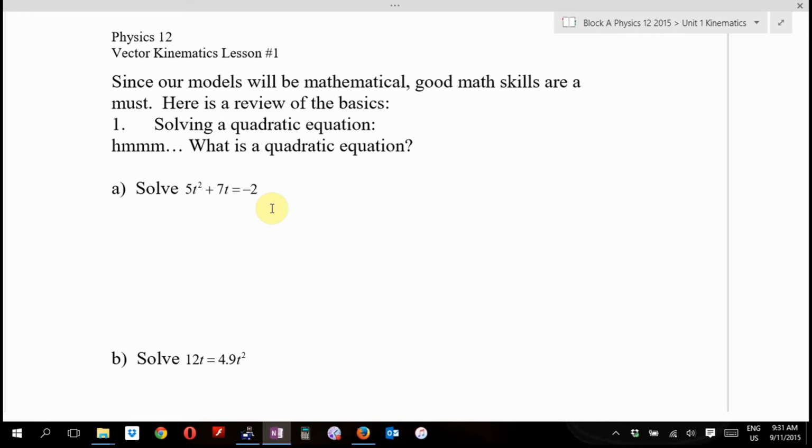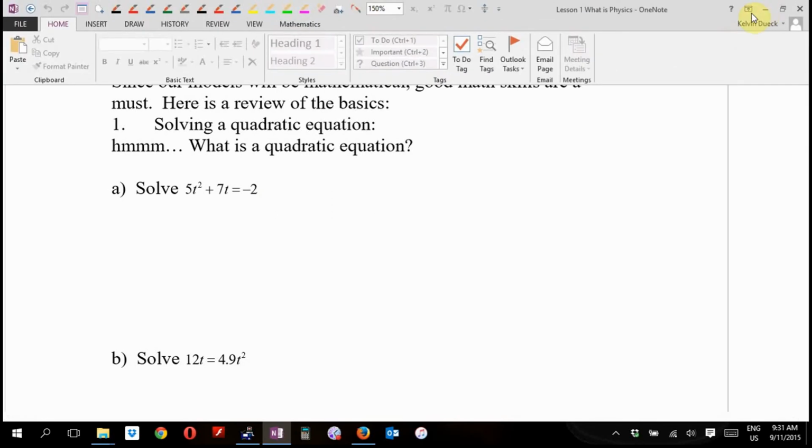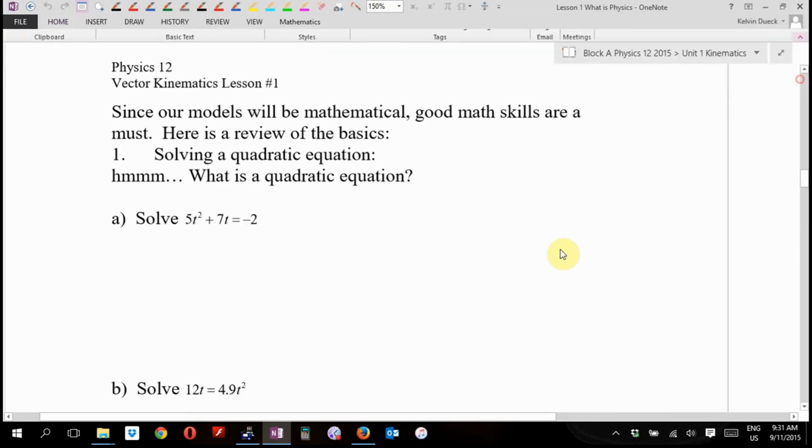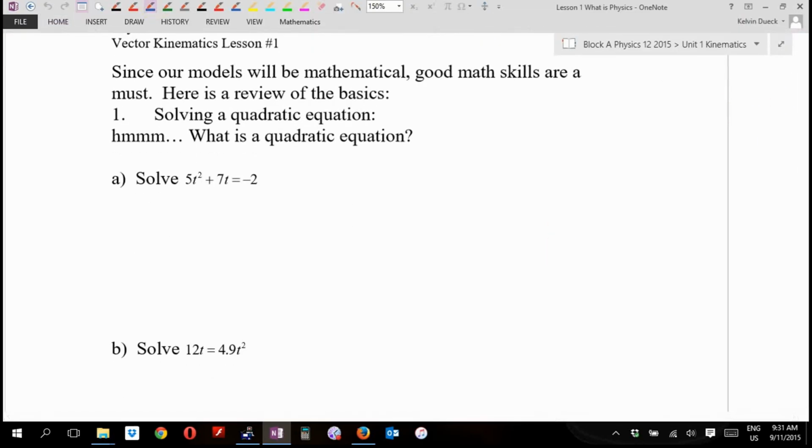To make it equal to 0, I would rewrite this equation as 5t squared plus 7t plus 2 equals 0. I hope you guys can rewrite things in your head without showing work.